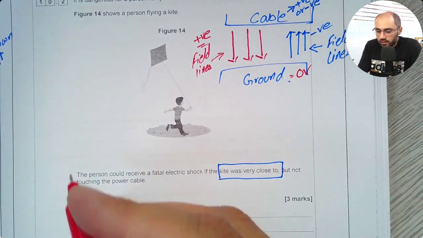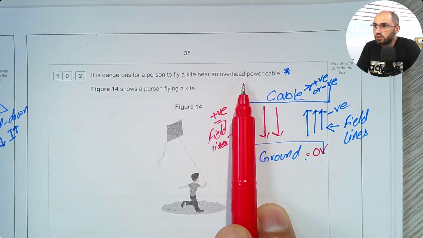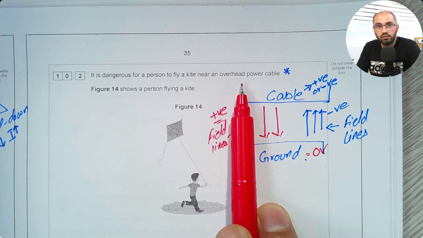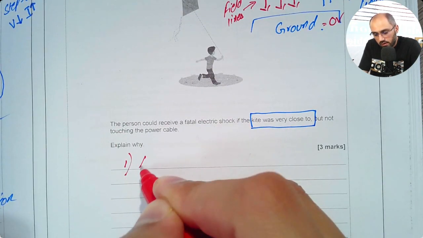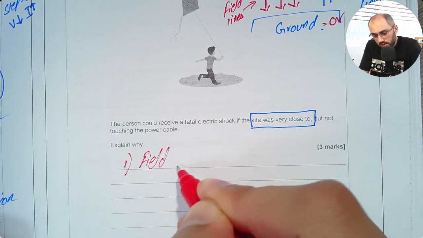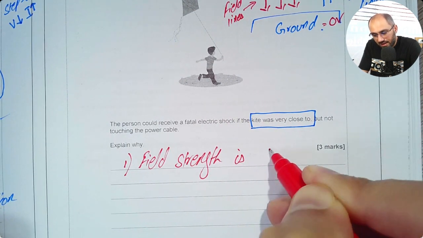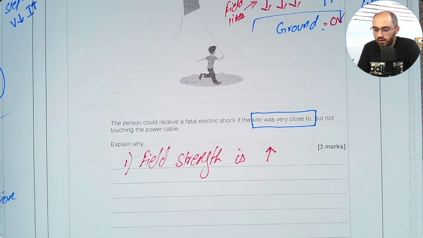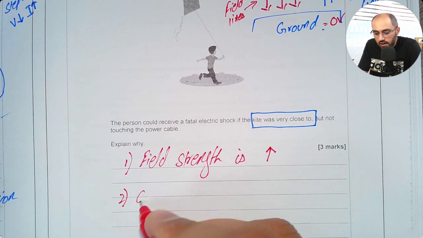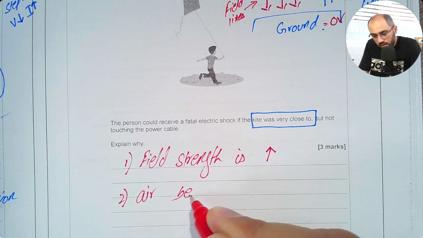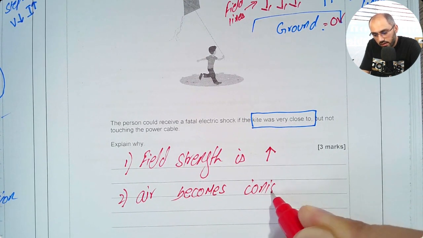So we can say the number one thing that we have to say is, because we are looking at overhead power cables and we know that they carry very high voltages, number one, the field strength is high. If the field strength is high, number two, I can then say air becomes ionized.